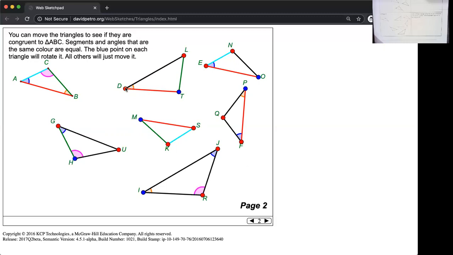Let's look at this triangle right here, DTL. So first, to test if it's congruent, I can do a translation. So I'm going to translate it so that point D lines up with point A. And then I want these 2 red sides to line up. So I'm going to use this blue point to rotate the triangle.